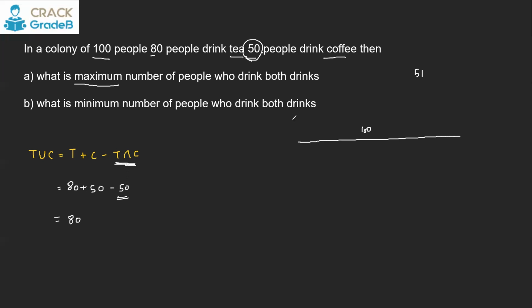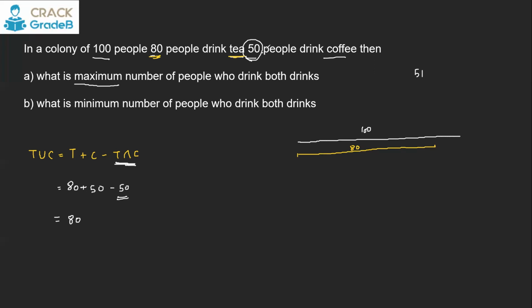So the yellow line represents the tea drinkers, or it's like you are giving coupons to the people who drink tea. 80 people have to have the yellow coupon, which represents the tea drinkers. So out of these 100, there are these 80 people who drink tea.